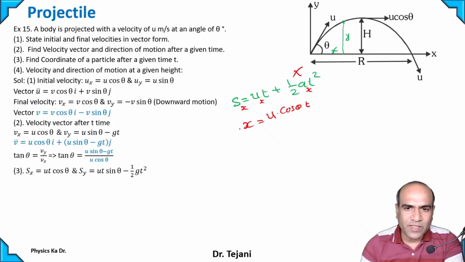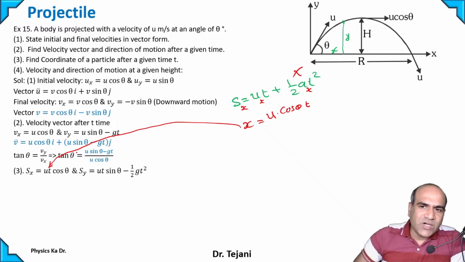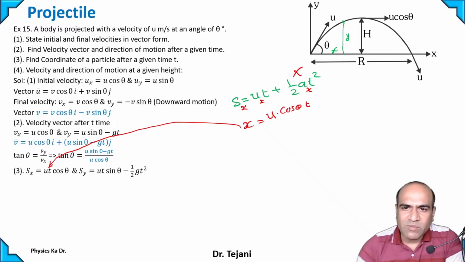So here sx is equal to ut cos theta. But what about y? For y, we have uy and ay.